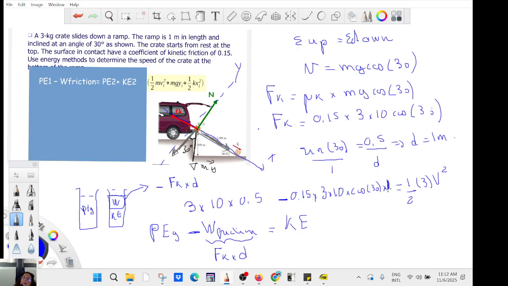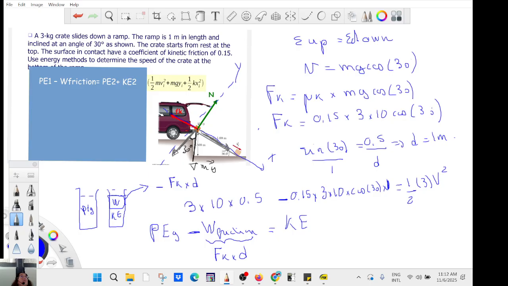So a typical mistake is to forget to multiply by the distance. Don't forget to multiply by the distance. Another mistake is not remembering that the normal force in that case equals the y component of the weight, mg cosine, and here you have mg sine.